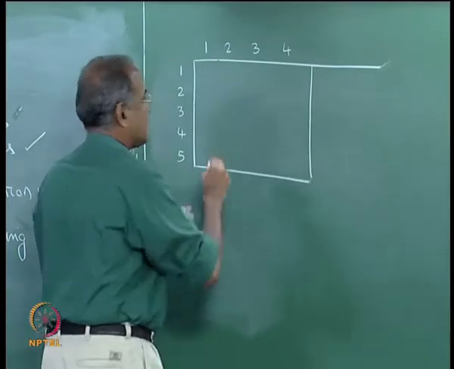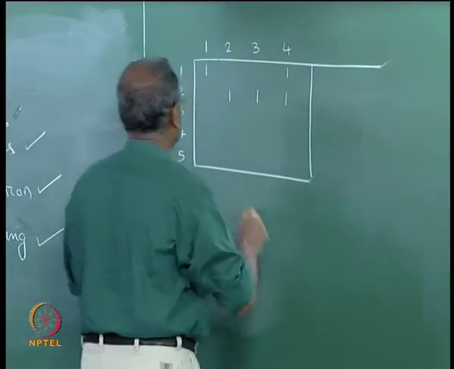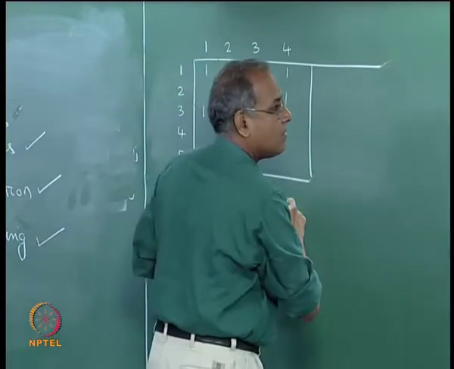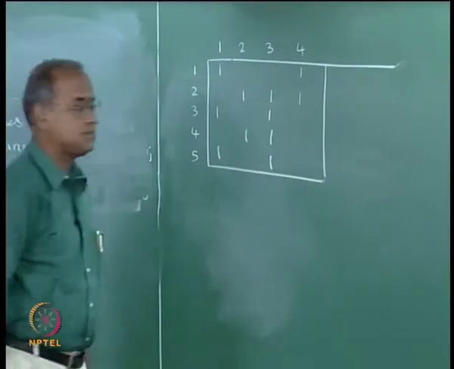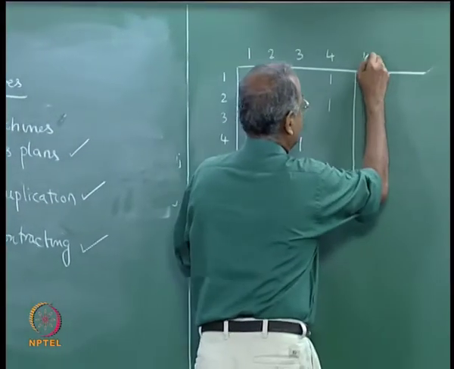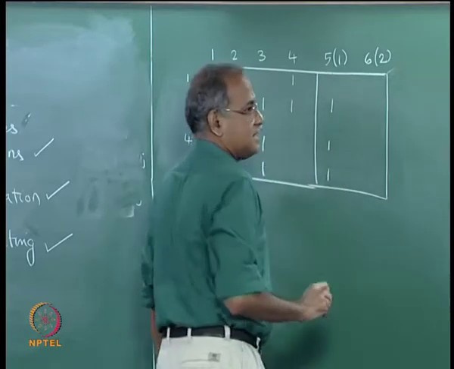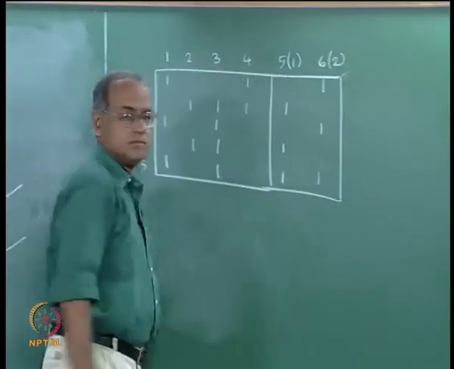So, the incidence matrix is 1, 1, 1, plus we assume that 5 is an alternate process plan for 1 and 6 is an alternate process plan for 2. So, 5 has 2, 4, 5 and 6 has 1, 3, 5. Suppose we have this.